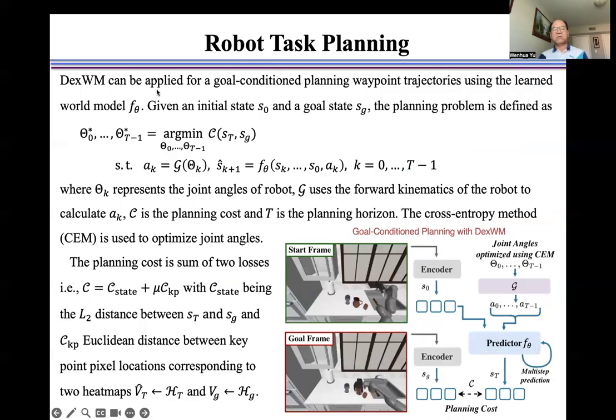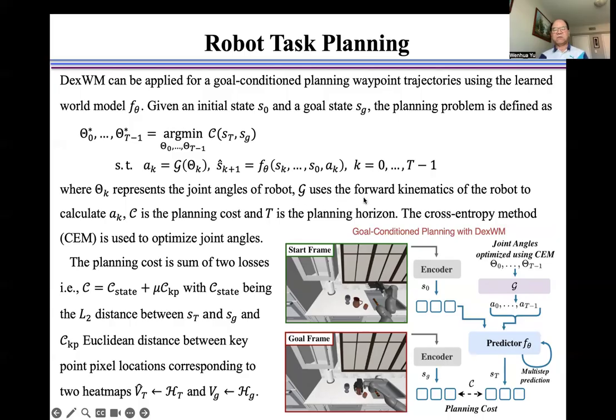DexWM can be applied for goal-conditioned planning of waypoint trajectories using the learned world model F_theta. Given an initial state S0 and a goal state SG, as shown here, this S0 and this SG, the planning problem is defined as here, where theta_k represents the joint angles of a robot.